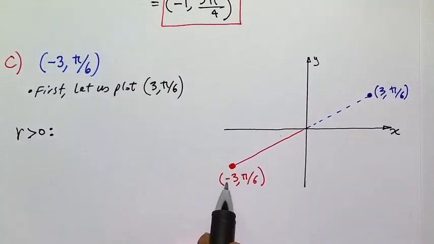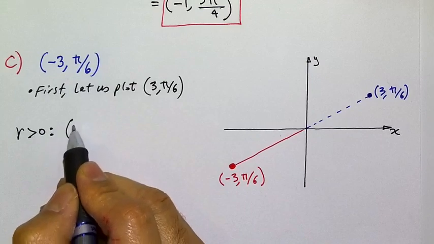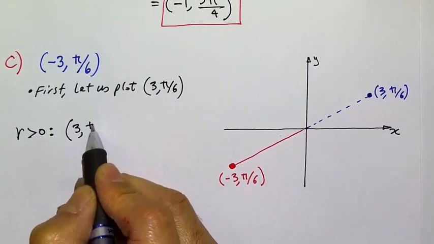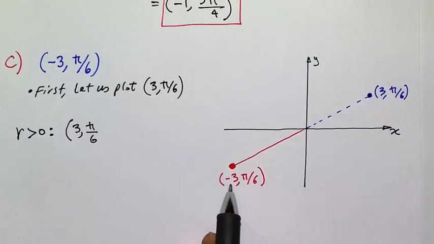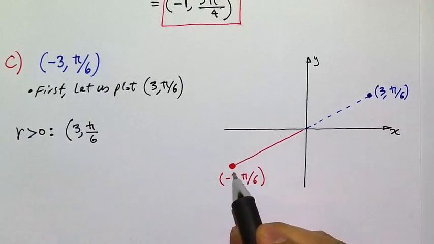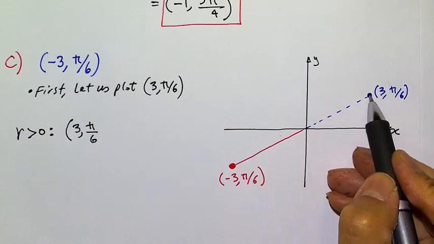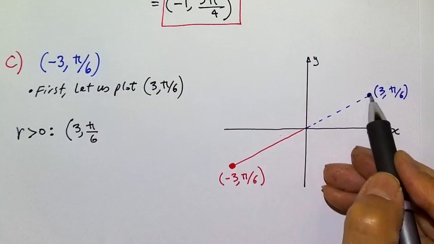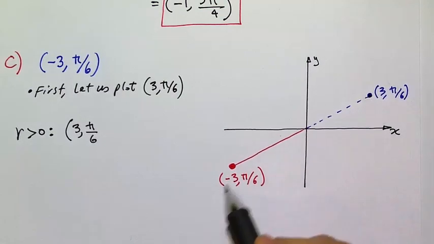So as soon as I make this positive, right, 3 comma pi over 6, what have I done? I've moved this point to that spot. Is that where I want to be? No, I just want to be here, but I want a different polar coordinate for that point.